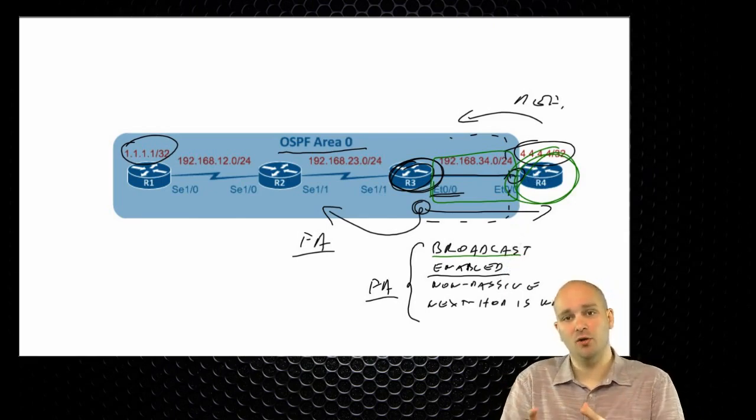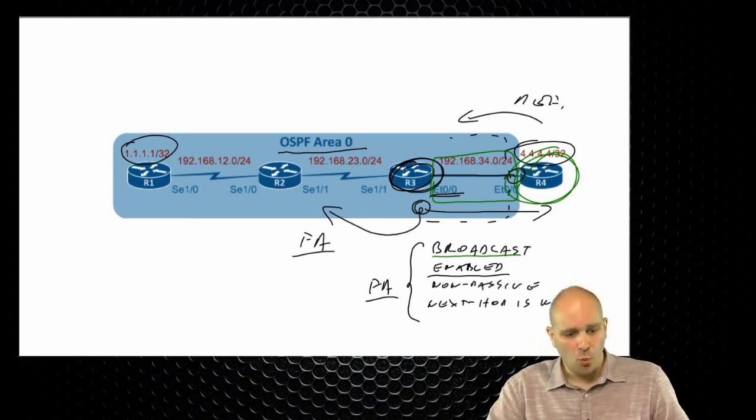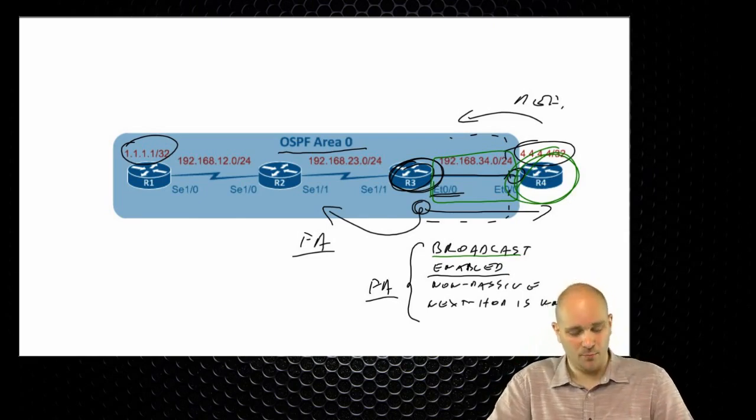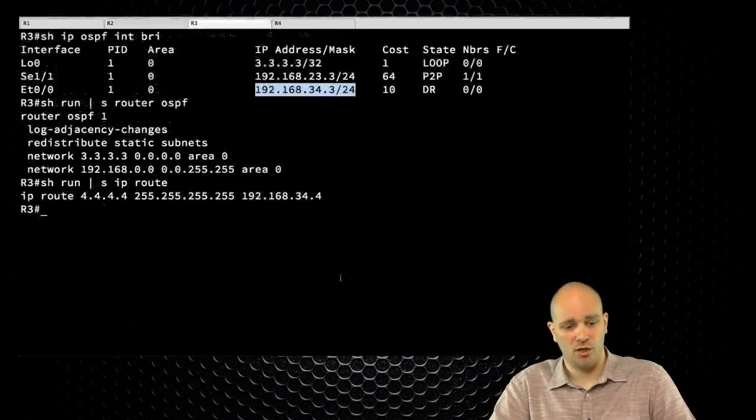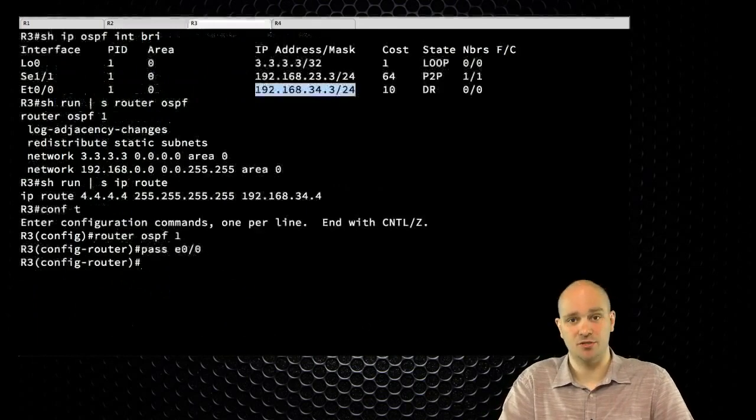The OSPF configured on this interface from R3's perspective is just sending hellos. So one of the correct solutions that we can implement here is to go to R3, say router OSPF 1, and say passive-interface Ethernet 0/0.